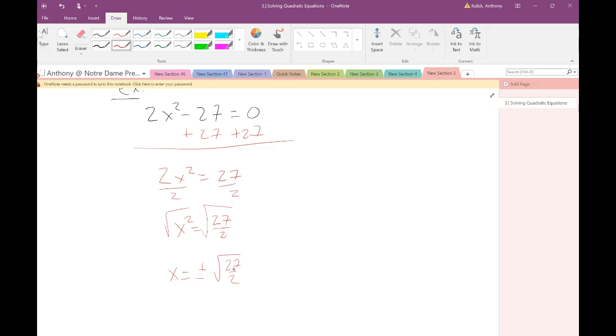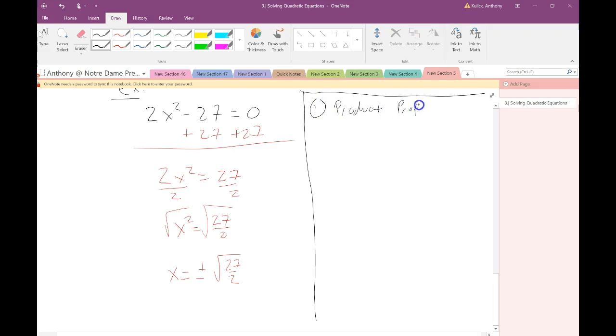However, this is not the form that I'm going to leave my final answer in. I'm going to want to simplify this, and there's simplifying I can do. The tools that I'm going to use to do this are two properties of square roots. The first one is the product property of square roots.